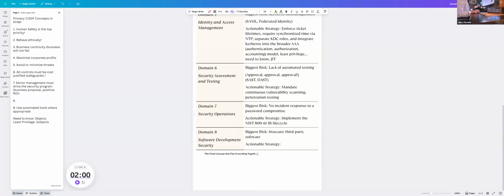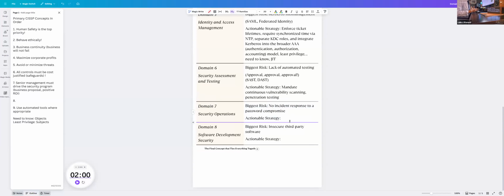So if you were sitting there and us three were not on a call and we gave you this sheet, you can just look at this as a CISSP question. Pretend you're on the exam. A question says there's no incident response to a password compromise and this place is blank. You don't have to punish yourself trying to come up with an answer.